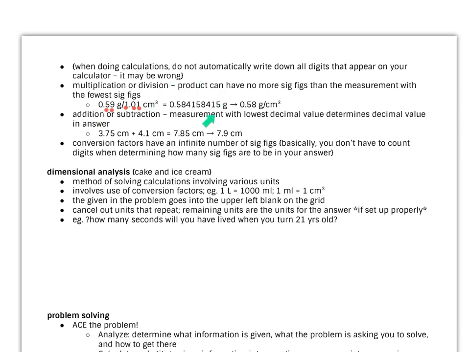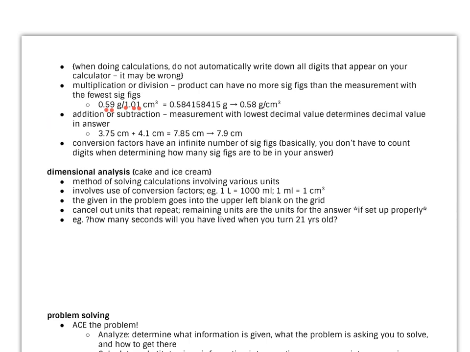So you get this huge, huge answer, but you weren't that specific in the numbers that you put in. So your answer cannot be this specific. You are not that positive that that is the answer. So you just go with how many the fewest number has, and that's 2. So you change this to 2 significant figures and get 0.58 grams per cubic centimeter.